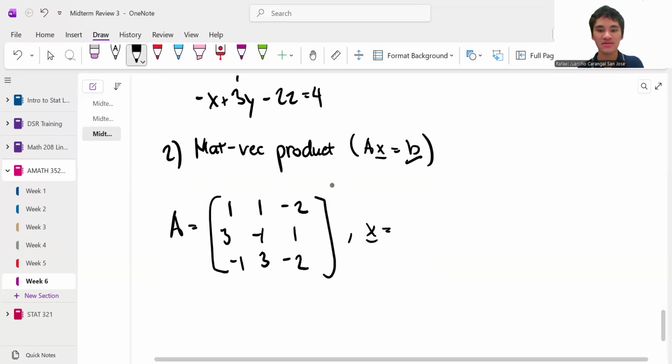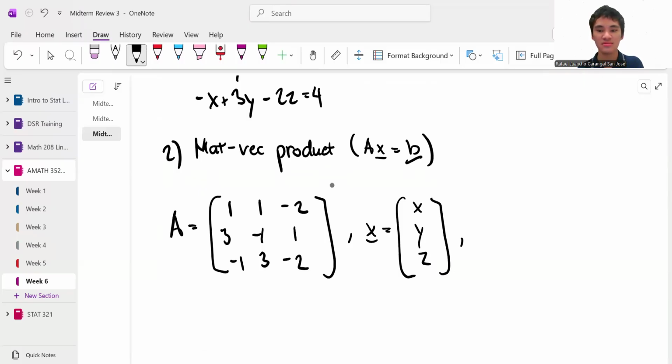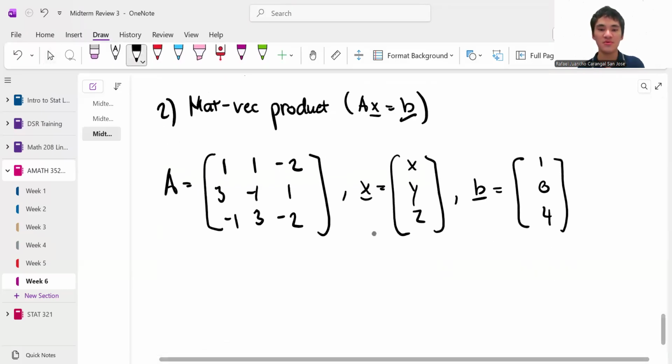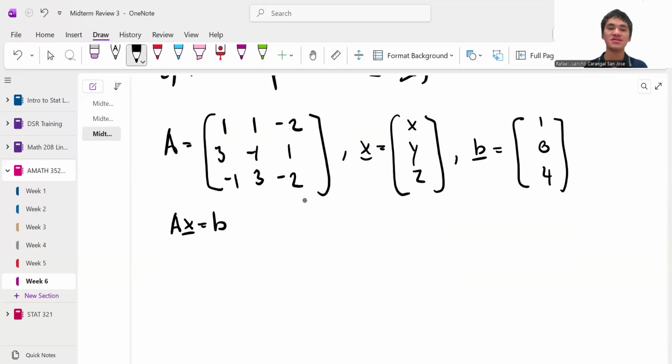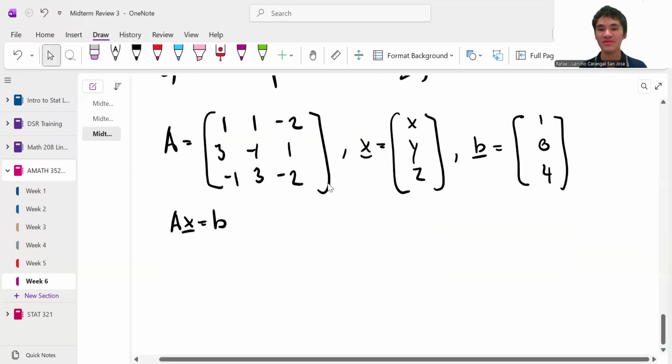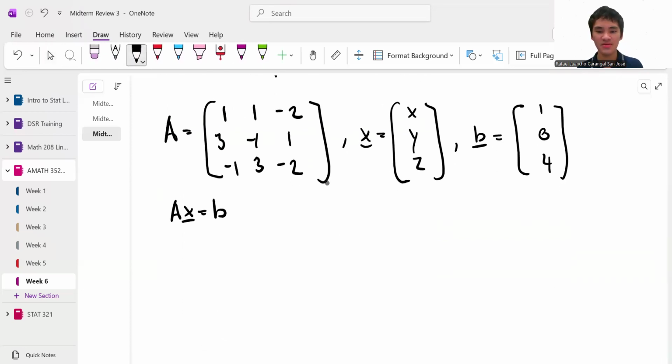Then we say our x vector is going to be x, y, z, and our b vector is going to be 1, 0, 4. So when we go through this equation, we're just saying that we multiply this matrix A by the vector x, and we're going to get b, a resulting vector. Okay? So that's how we can look at it.